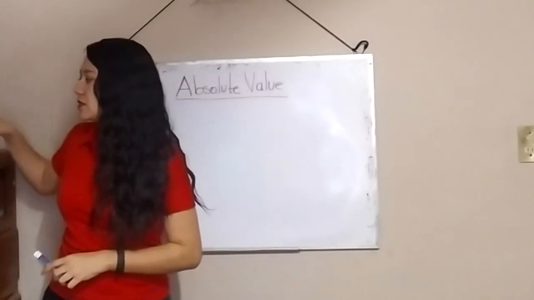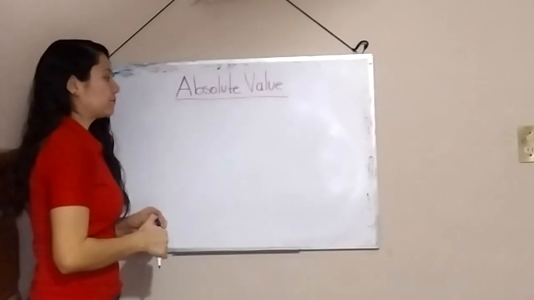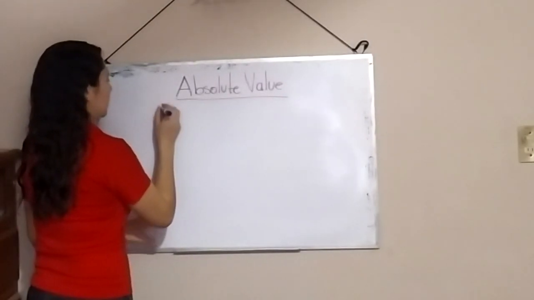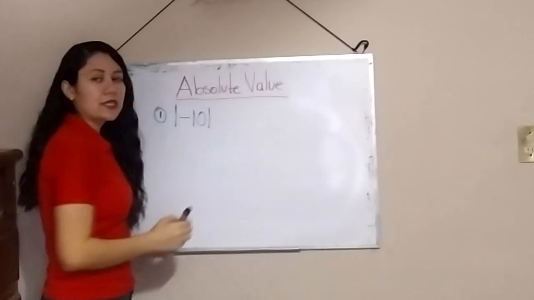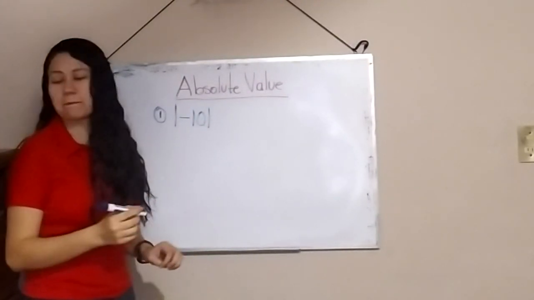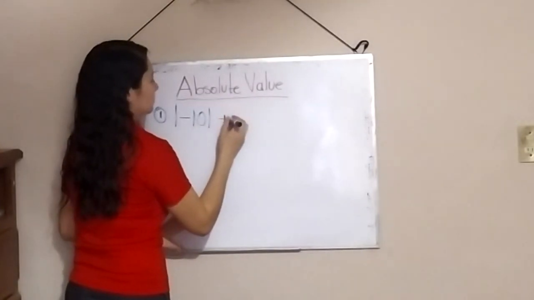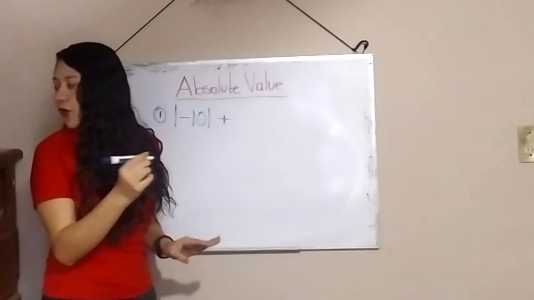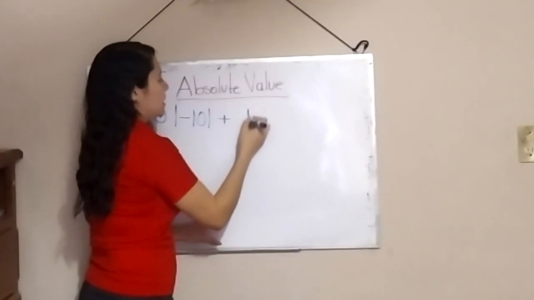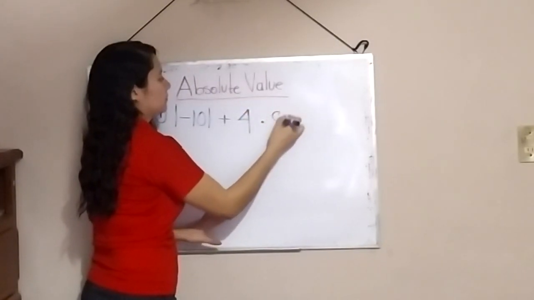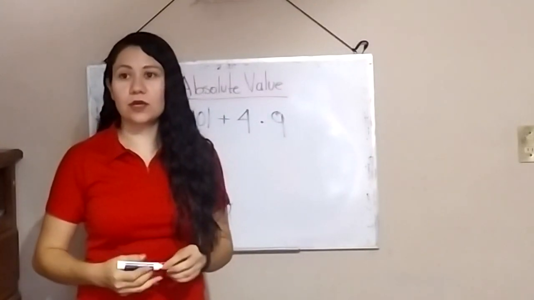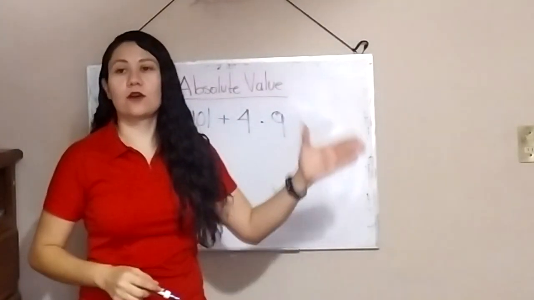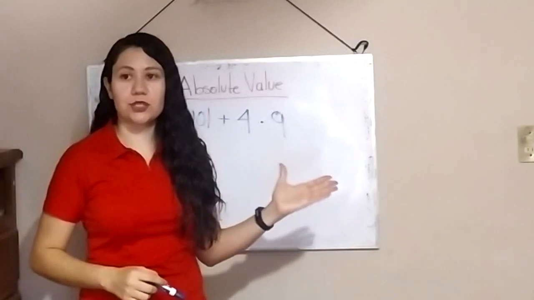And our first exercise is the absolute value of -10 plus 4 times 9. The first thing we have to do is, as always, follow the order of operations.